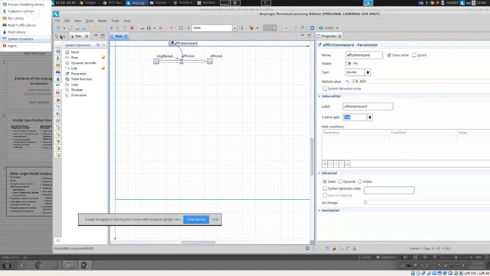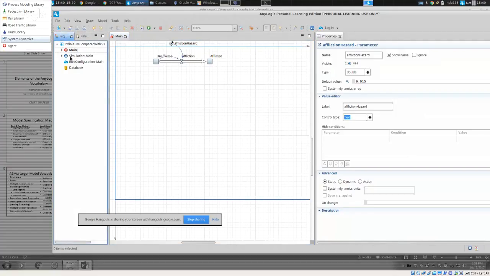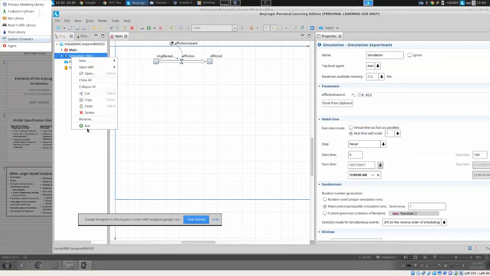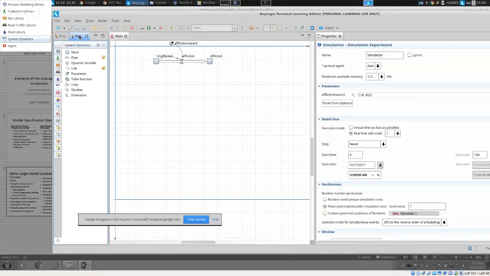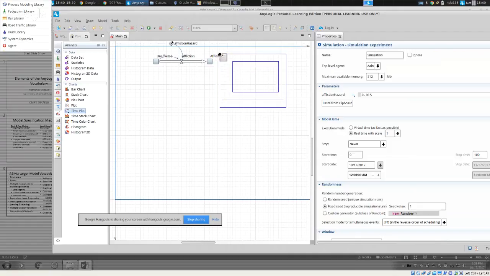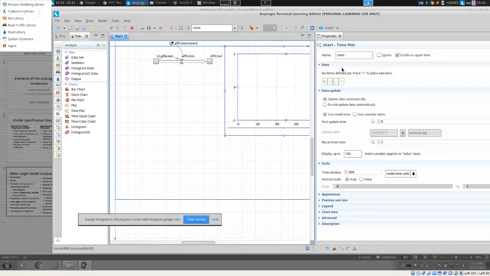So if we run this model, what should we see? What would the value of this unafflicted stock be? Anyone? How will that change? Well, to clarify that, let's go to the analysis palette and drag in a time plot, and we will call it states.